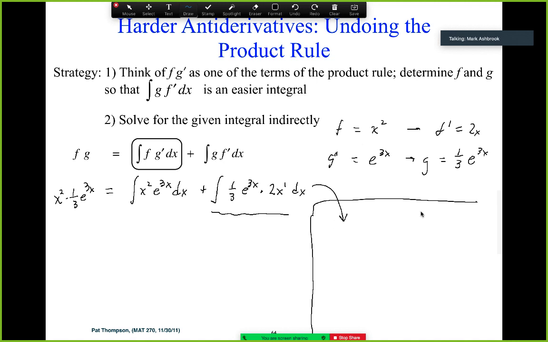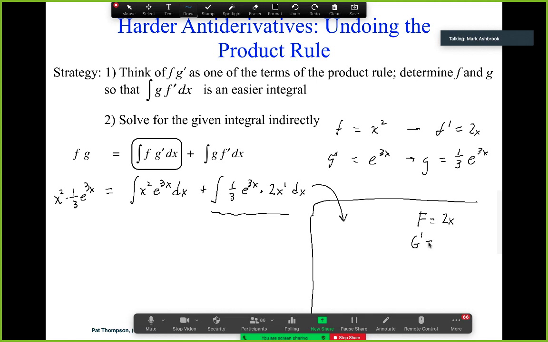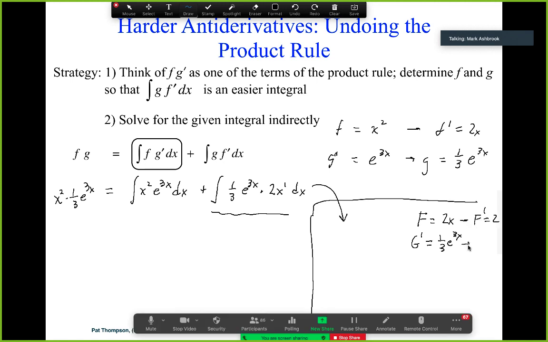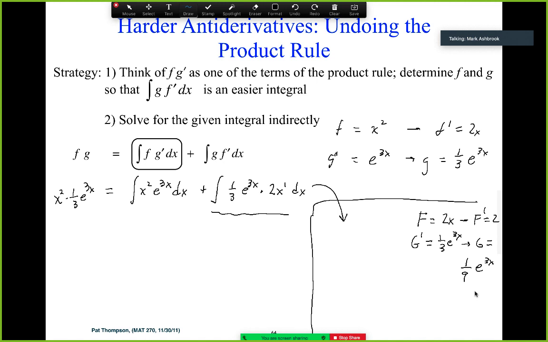Capital F is going to be 2x to the first. I'm going to use capital F now and capital G. G prime is going to be 1/3 e to the 3x. And then we can find F prime is 2. And G is going to be e to the 3x again, but now this time 1/9.